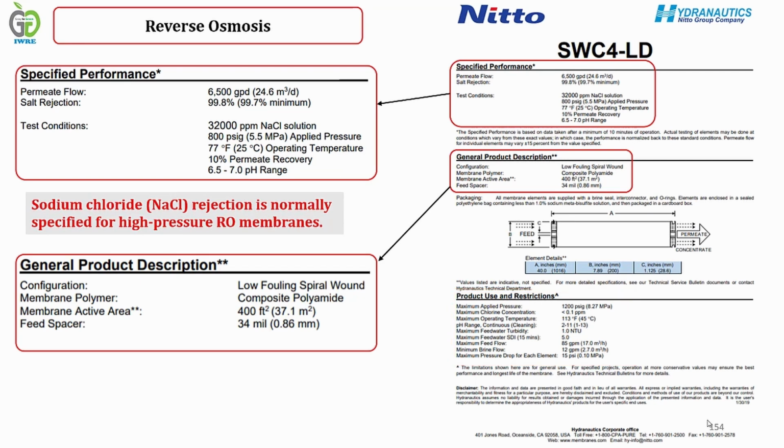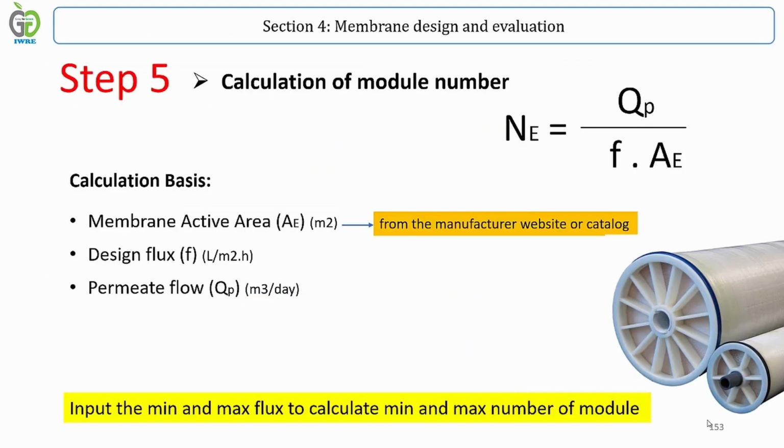Now, according to the module type and permeate flow rate, the membrane active area can be obtained, and using the design flux estimated in the previous step and this equation, the number of modules can be calculated.